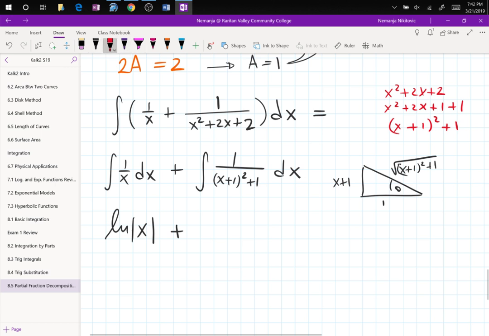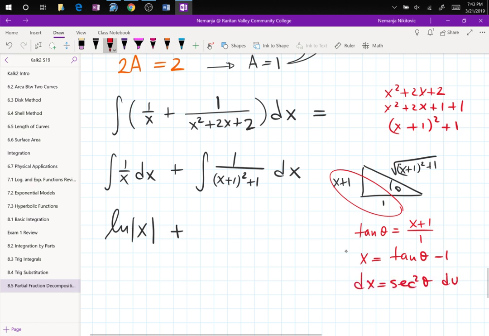So tangent theta is equal to x plus 1 over 1, just x plus 1. So x is equal to tangent theta minus 1, and dx is equal to secant squared theta d theta.